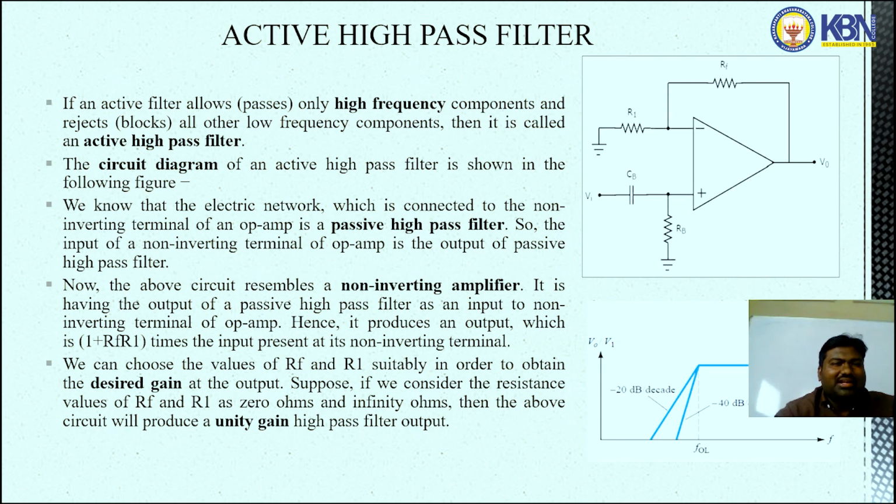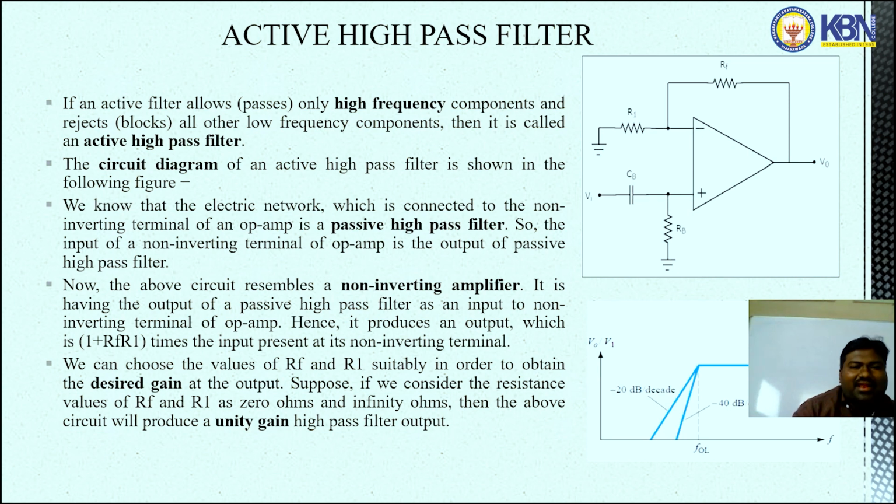If an active filter passes only high frequency components and rejects all other low frequency components, then it is called an active high pass filter. The circuit diagram of an active high pass filter is shown in the figure below.